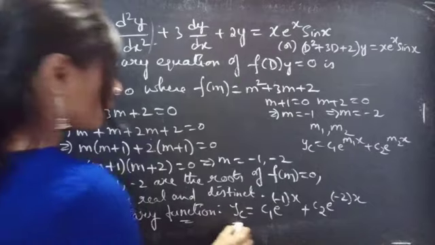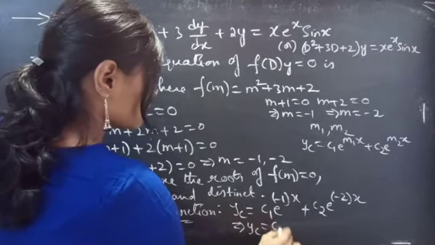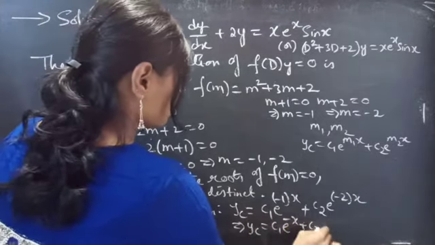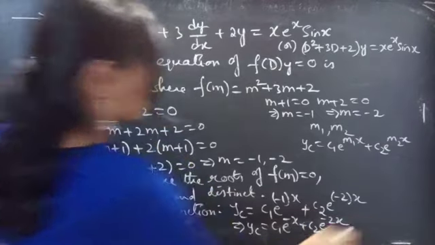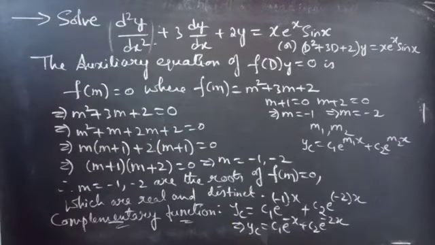Then yc will be c1 e^(-x) + c2 e^(-2x). So we got our yc now.